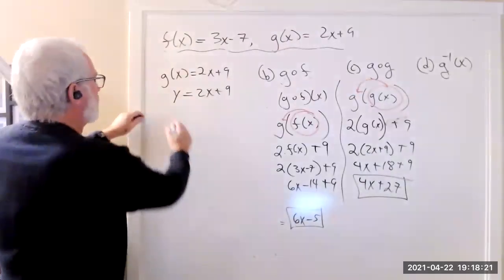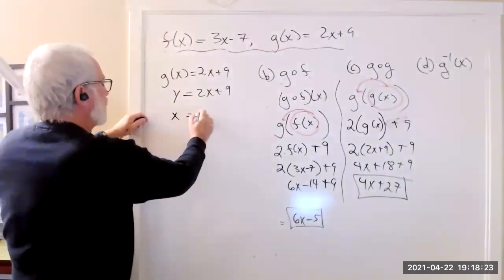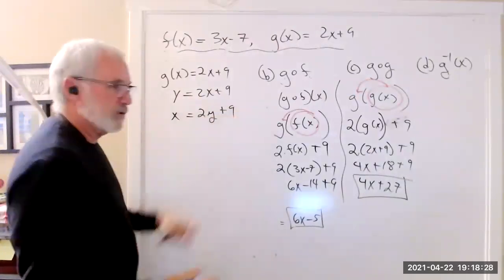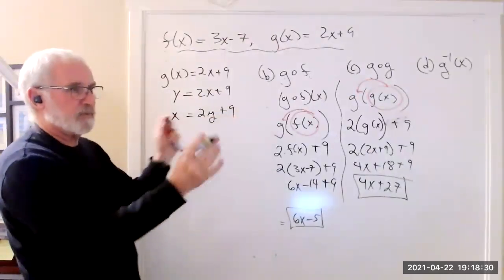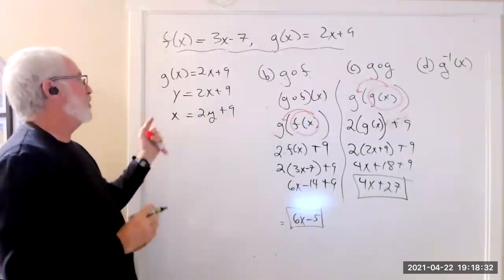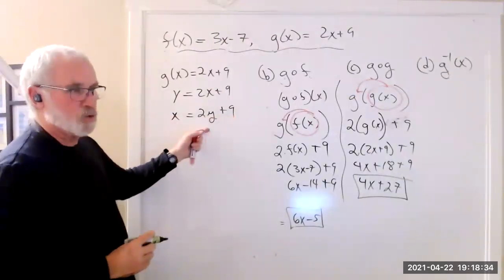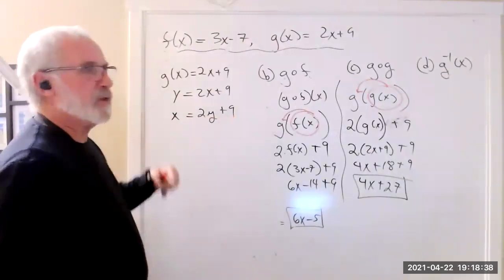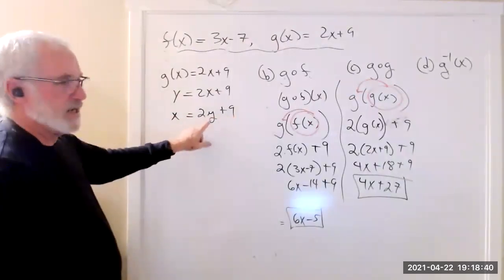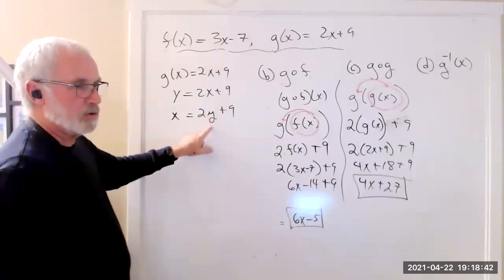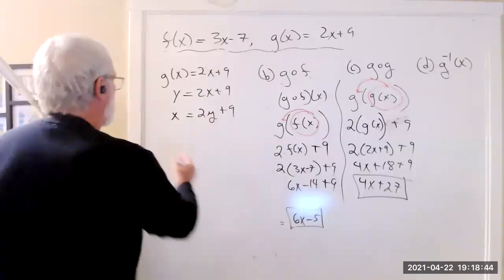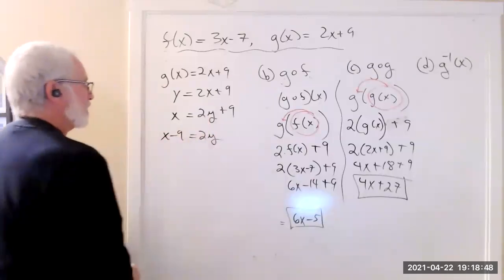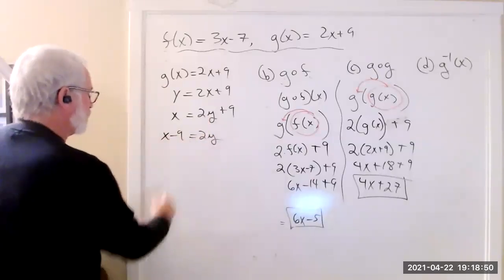Then swap the x's and the y's in the rule, just like you flip-flopped them in the graph. But for the rule, we then have to solve for y, get y alone. So we take away 9 from both sides, and then we divide everybody by 2.